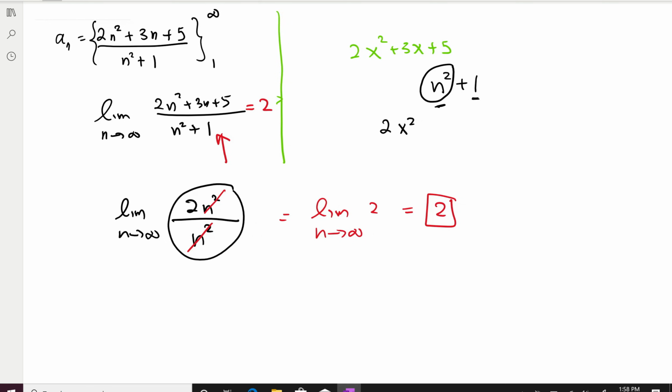The way you find the dominating term of a given polynomial is to take the term with the highest degree, highest power of the variable. So in this polynomial, the variable is n, the highest power is n squared, that's the dominating term. Here, the variable is n, n squared is the highest power, that's the dominating term.